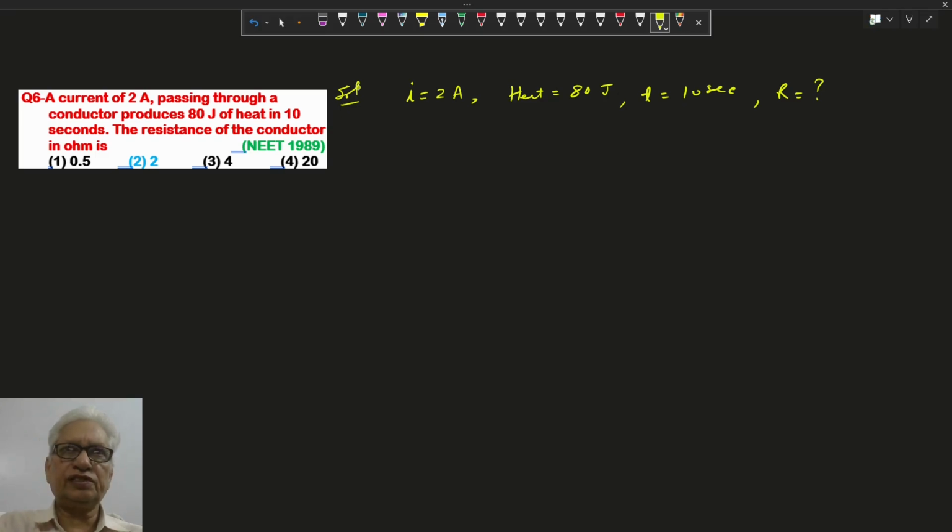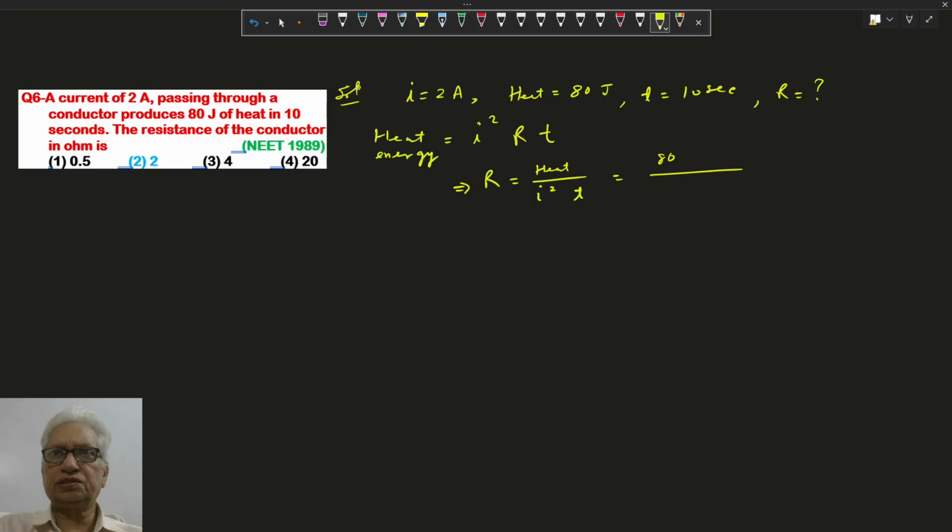We know the formula of heat energy is I square R T. So here R can be written as energy divided by I square T. Heat energy is 80, I means 2 square, time 10, so cancel out, 8 by 4. So the answer is 2 ohms resistance, option.